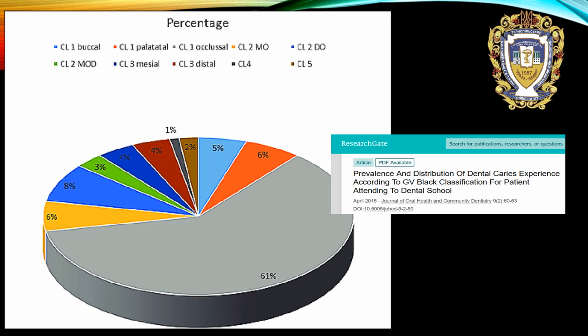And this diagram shows that pit and fissure sealing is a very important action to decrease caries in the oral cavity in the human population.